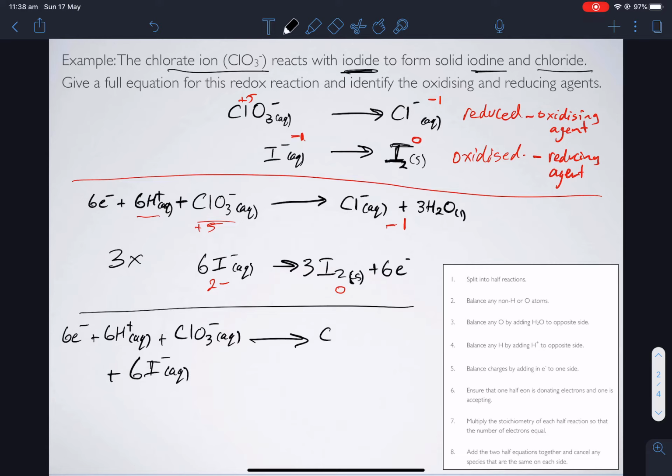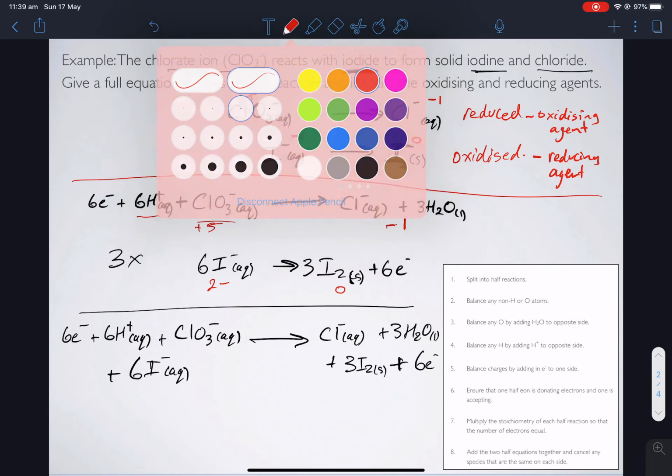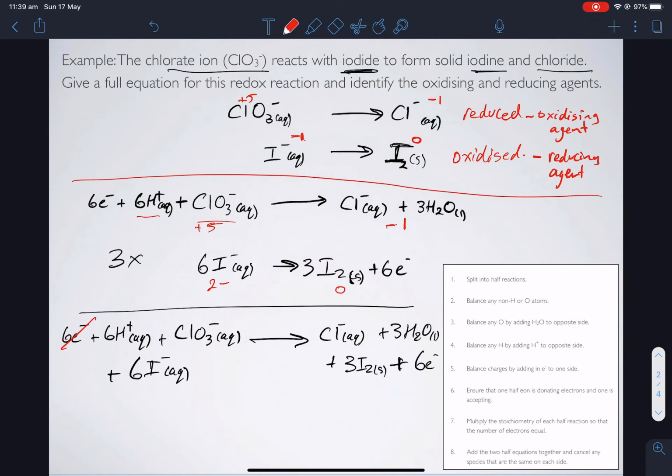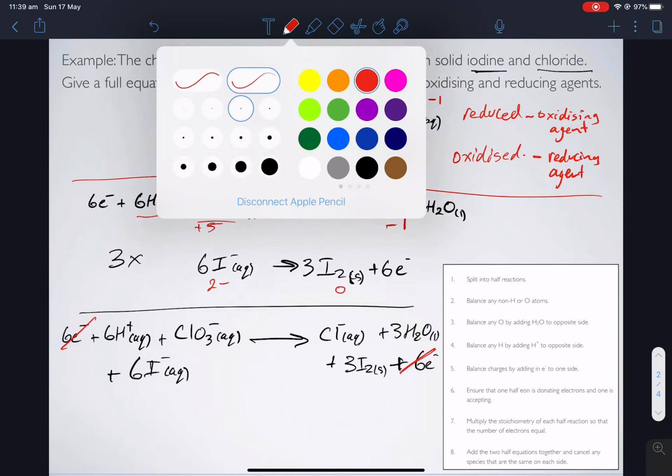Okay, and we've got the chloride plus the 3 waters plus the 3 iodines, nearly said iodide, and plus the 6 electrons. Okay, hopefully our electrons should cancel. Let's take a look. 6 on the left, 6 on the right, that's good. Can anything else cancel? No waters, no. We all look good, so nothing else can cancel.